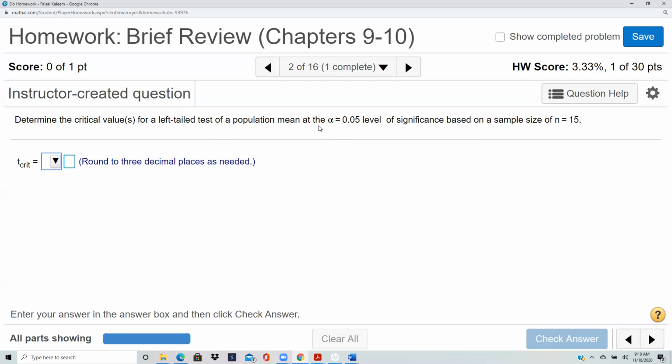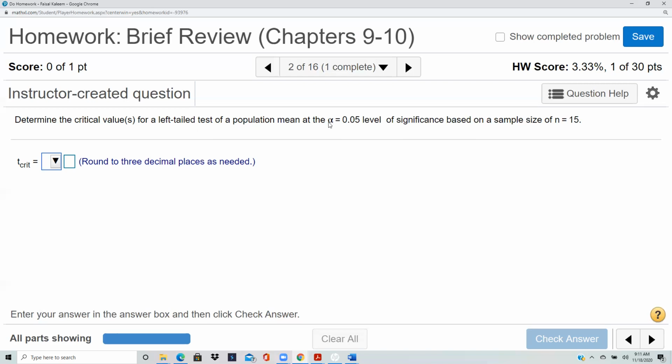Okay, so alpha means what? Where do we put the alpha in StatCrunch? In the area box? Right. And in the left-tailed and the right-tailed, you just put alpha in the area box.